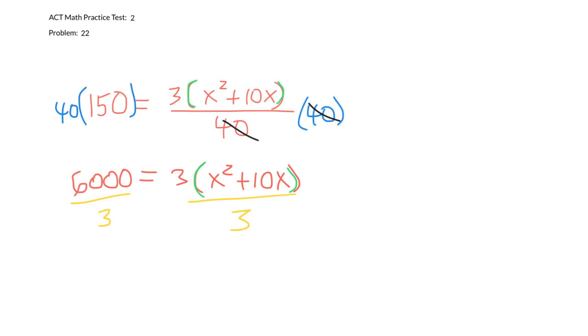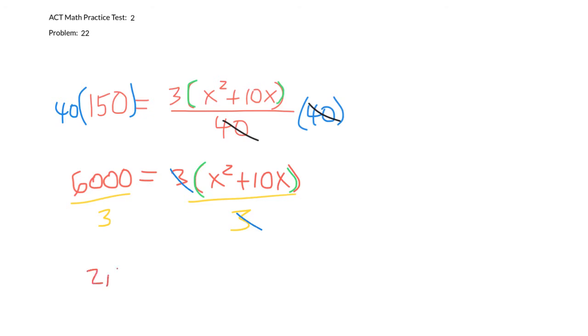Well, yeah, you could have distributed the 3, and that would have led to the right answer too, but I kind of like the idea of getting the x's by themselves right away. I mean, we have this opportunity to do that now. Why not? So 6,000 divided by 3 is 2,000.